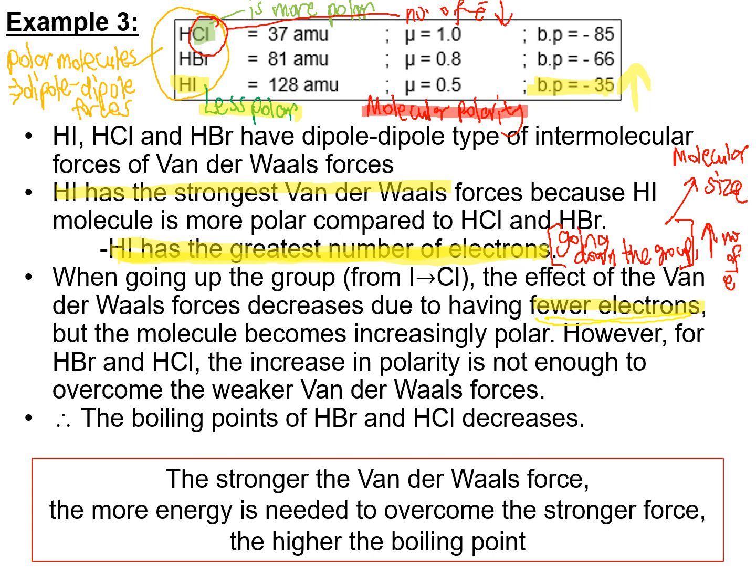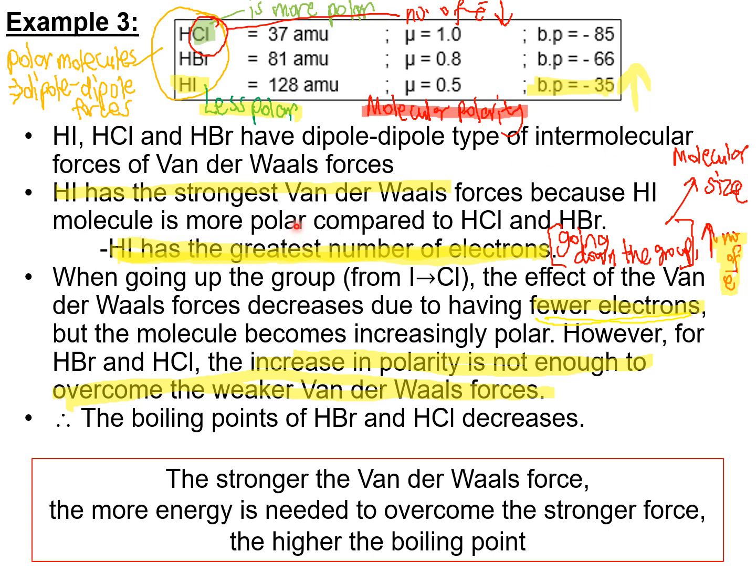Okay, because HBr dengan HCl ni, diorang punya increase in polarity ni is not enough to overcome the weaker van der Waals forces. Okay, so kita tak kira faktor polarity, kita kira faktor apa? Kita kira faktor the number of electrons, which is termasuk dalam golongan molecular size. Therefore, the boiling points of HBr and HCl decreases.